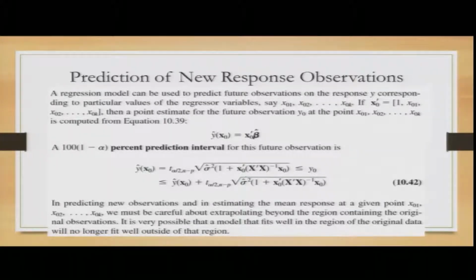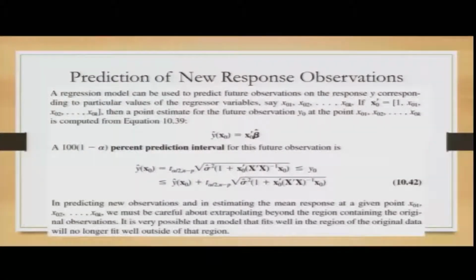In predicting new observations and in estimating the mean response to a given set of values, which is x naught 1, x naught 2, x naught 3 till x naught k, we must be careful about extrapolating beyond the region containing the original observations, because there would definitely be increase or decrease of the variance and changes in the trends, and so on. So, how you are going to consider that would be important.